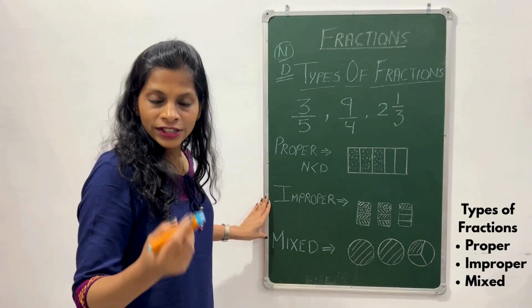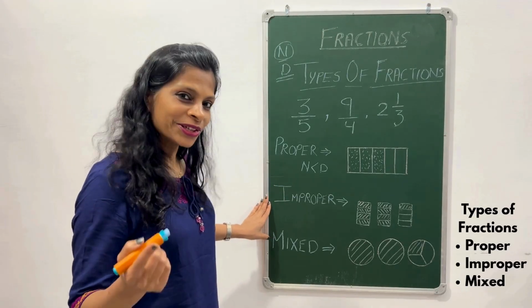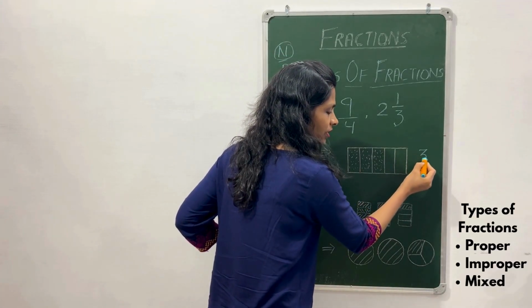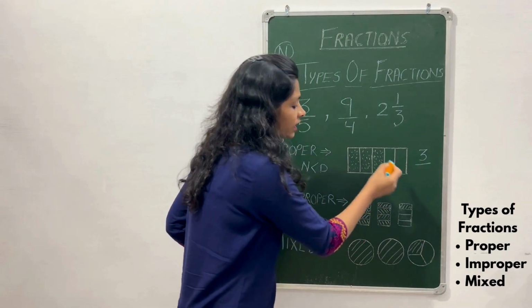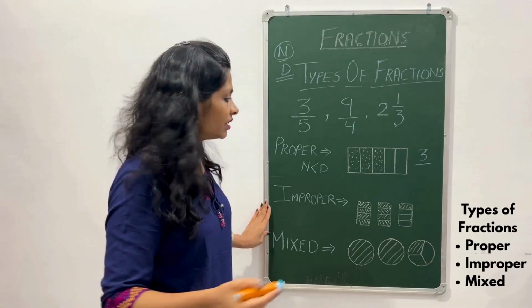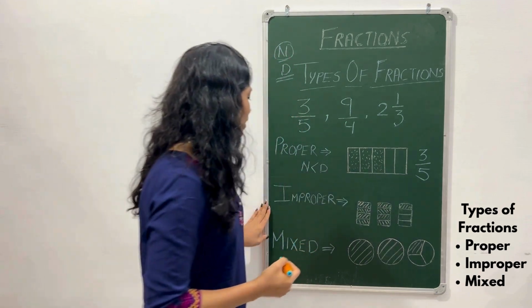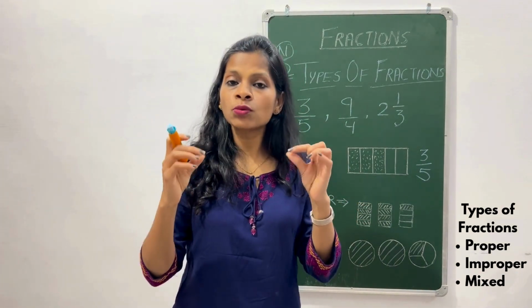So what is the fraction that is represented by the shaded area? Can you think of? Right. It is 3 portions out of, what are the equally divided portions? Correct, which is 5.